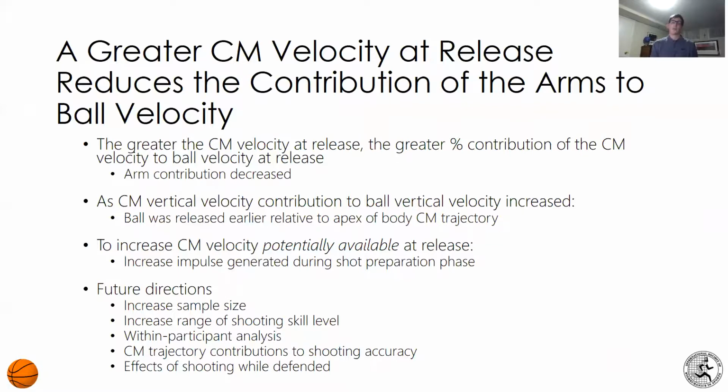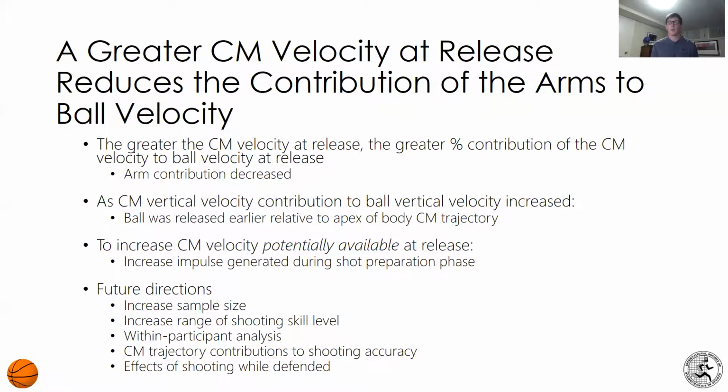We also saw that as the center of mass vertical velocity contribution to ball vertical velocity increased, it was due to the ball being released earlier relative to the apex of the body center of mass trajectory. Now, if one were to want to increase the center of mass velocity that is potentially available to them at release, they could increase impulse generated during the shot prep phase.